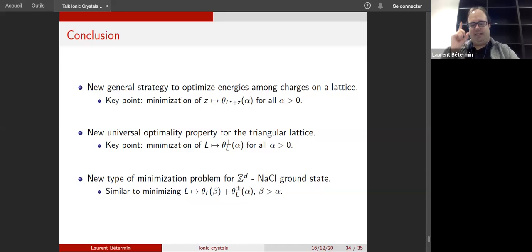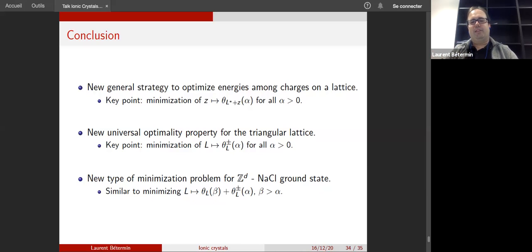So now keep in mind that when you have the same kind of particles, what you expect is more like a best packing. It's not true, but basically you don't really expect the cubic lattice to be a minimizer of your ground state, right? But here, when you put charges, the situation is quite different.